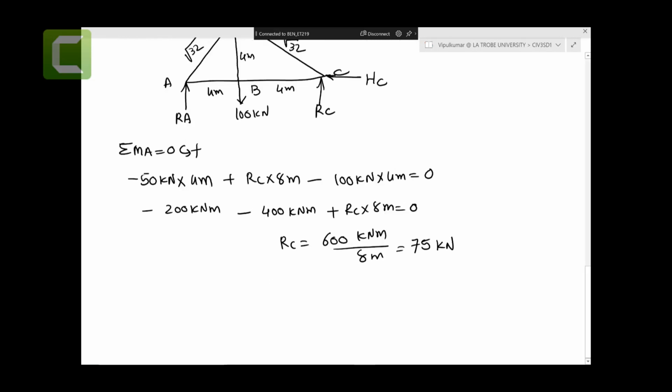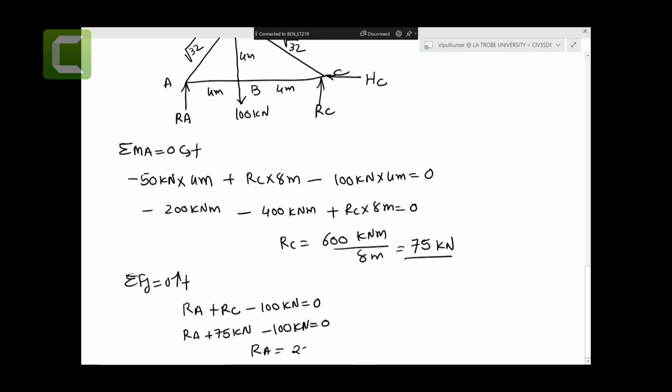So far so good. Okay, sum of the forces in the y direction, upward is positive: reaction force RA going up, reaction force RC going up, minus 100 kilonewtons equals 0. We substitute RC equals 75 minus 100 kilonewtons, so RA equals 25 kilonewtons.